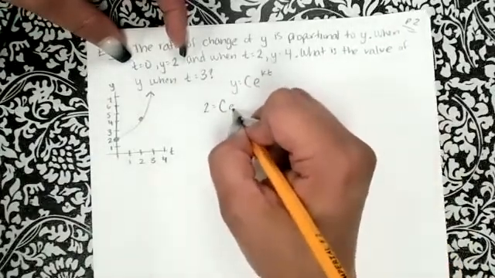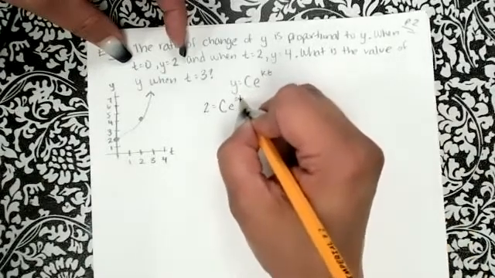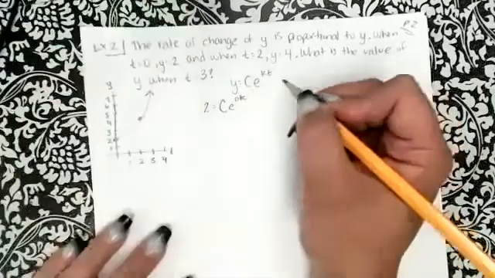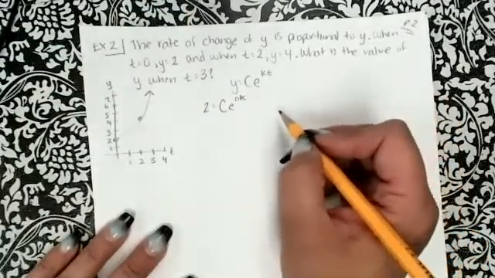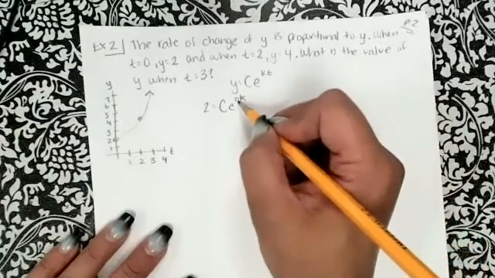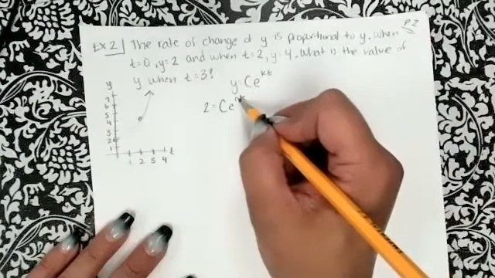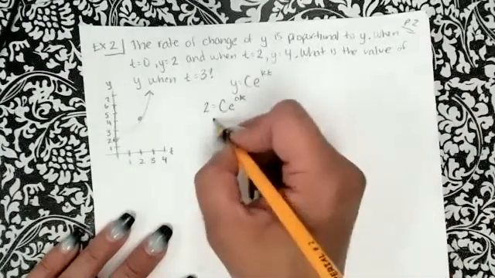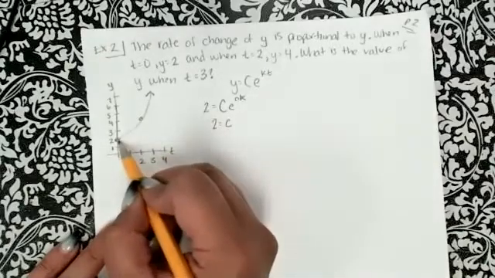I don't know what k is, but t is 0, so that's 0 times k. E raised to the 0 power is 1. So I'm left with 2 equals c. That is my initial value, which I could have actually pulled off the graph.